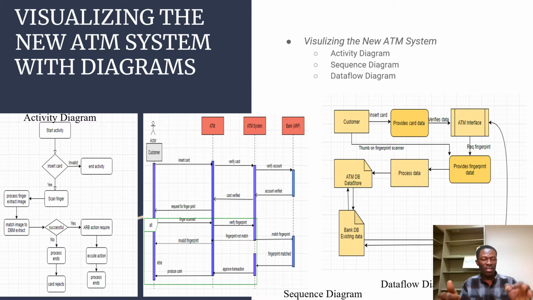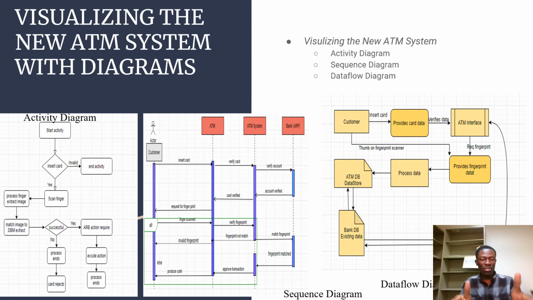The system extracts the fingerprint image and then forwards it to the database, where the database is going to compare it to the existing data in the main bank. Then once it matches, it shows successful, then it moves forward to the bank.